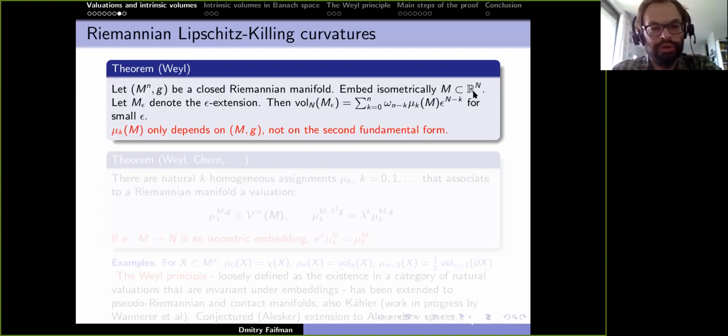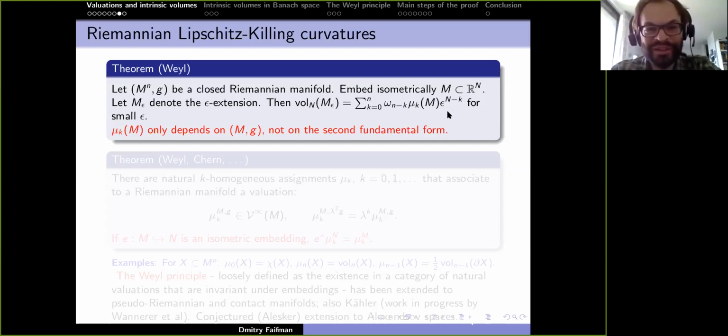You can use Nash's theorem to do it, and you consider the epsilon extension around this manifold, and you take the volume. Once again, what you get is a polynomial, at least for small epsilon. That's nice to know. That's not that difficult to prove. So far we did only what a school child can do.